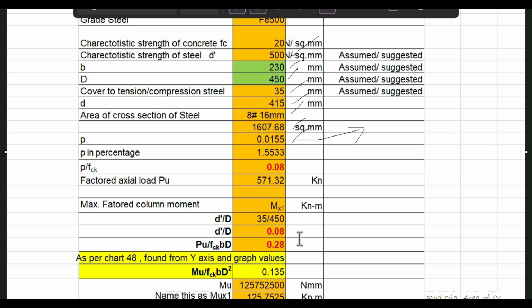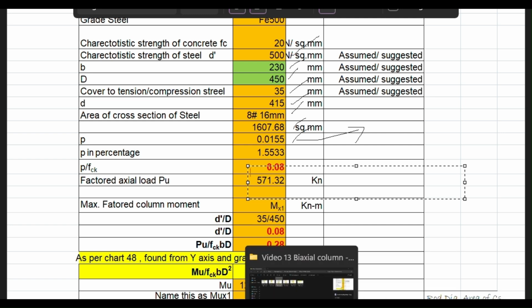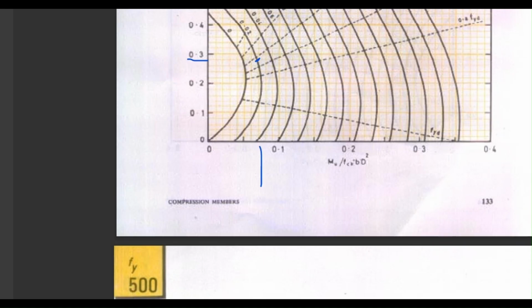For this 0.28, the graph value of Pu by fck is also 0.08. For this, we are going to find this on the axis 0.2, 0.4, 0.6, 0.8. The Pu by fck value is 0.8. This graph we are assuming. For this value, we are coming to 0.135.